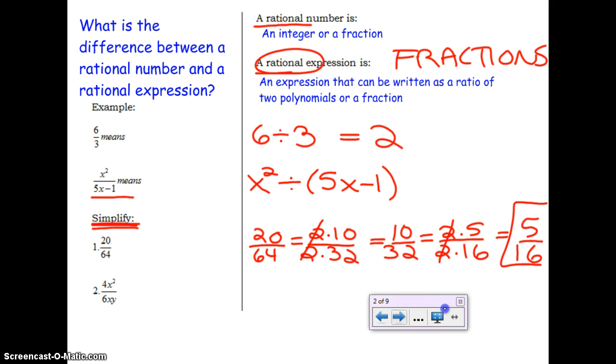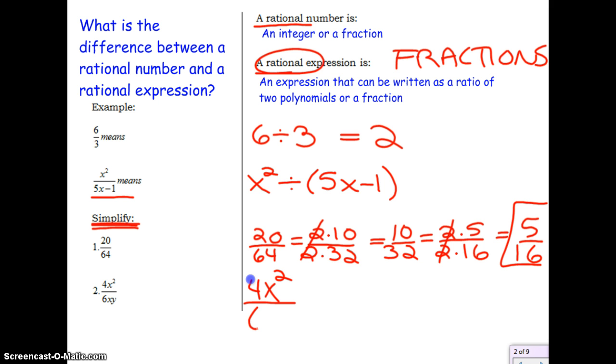Let's try the same thing with some x's, with an algebraic expression, right? 4x squared and 6xy. So right now, I know that 4x squared means I actually have 2 x's. So I can write this as 4 times x times x. And 6xy is just 6 times x times y. I'm going to grab a different color because I think it will make more sense, just so you don't see the red over red. But I see a common factor that I can cancel out here.